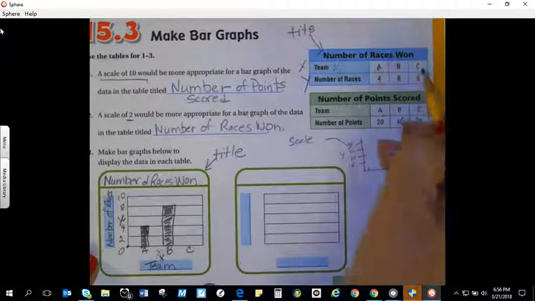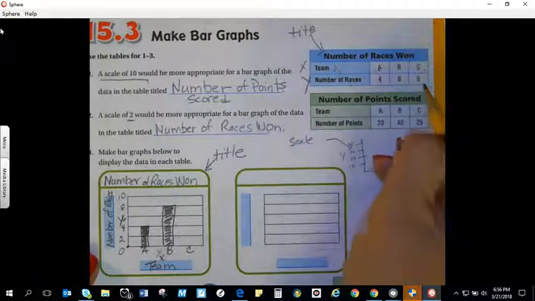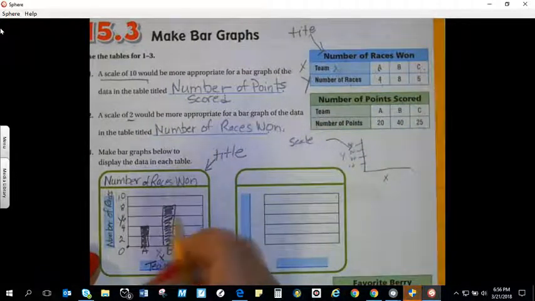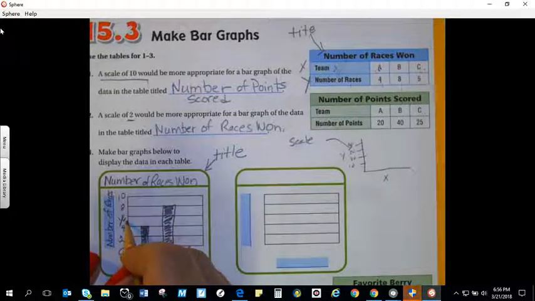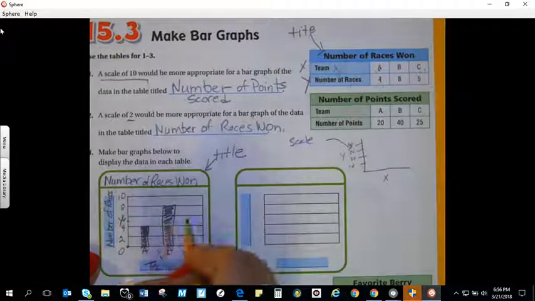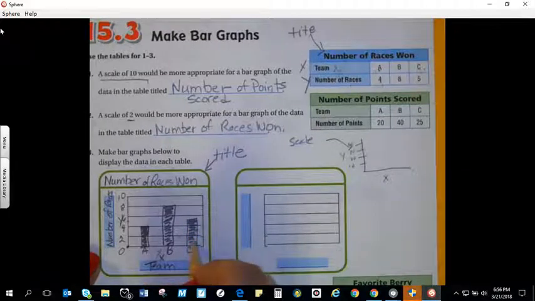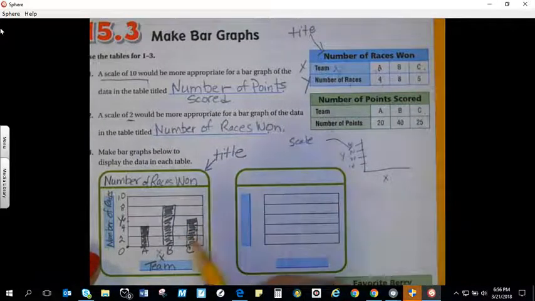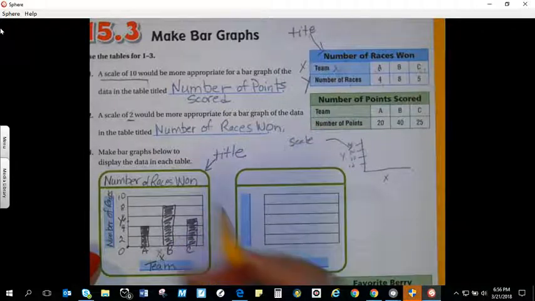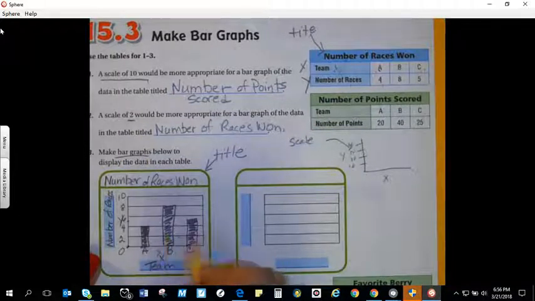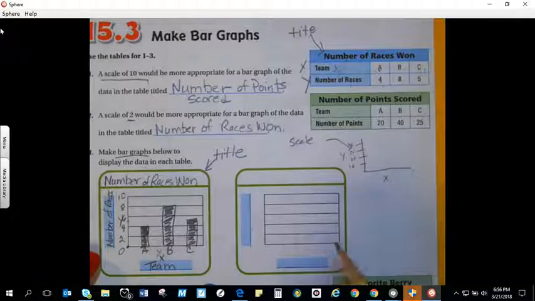And for C, I won 5 races. But if you take a look here, you have 4 and 6, so that 5 is going to come right in that middle. Okay, and that's the way your bar graph, and again, this is a bar because we have bars here, is going to look. Now, let's do a bar graph for this next one.